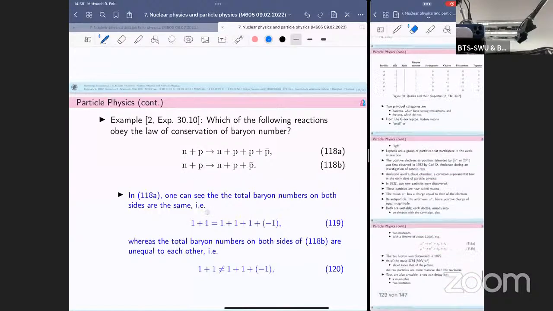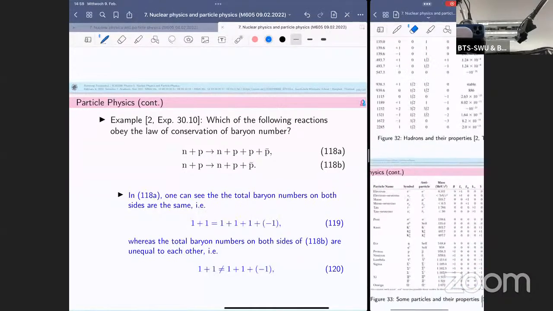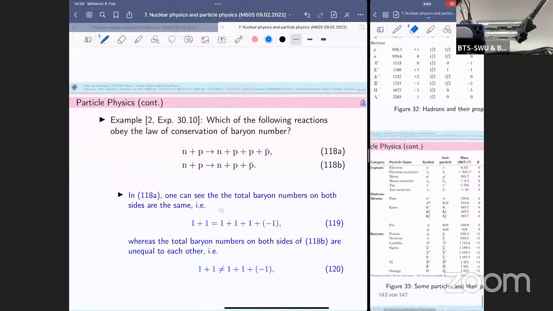If you still cannot remember, we go to the table. Okay, here, proton has baryon number 1. Neutron has baryon number 1. And the anti-proton would have baryon number -1 instead of +1. Anti-neutron has baryon number -1, not +1.